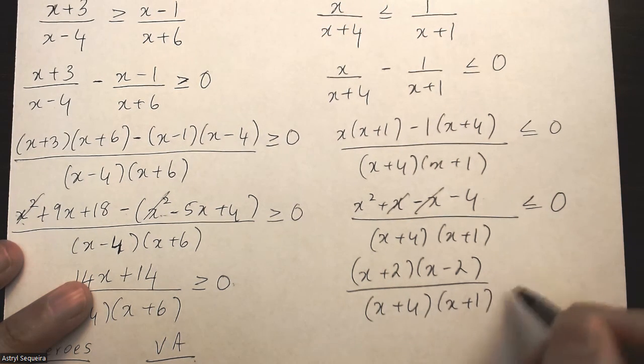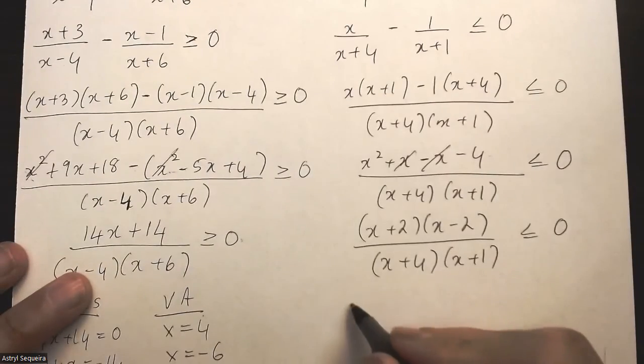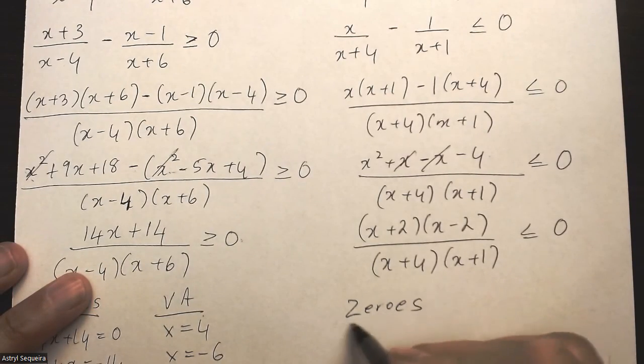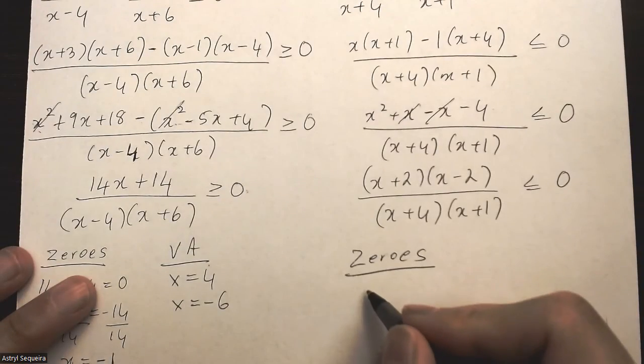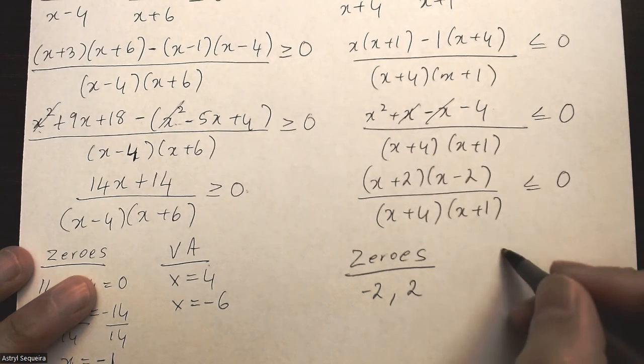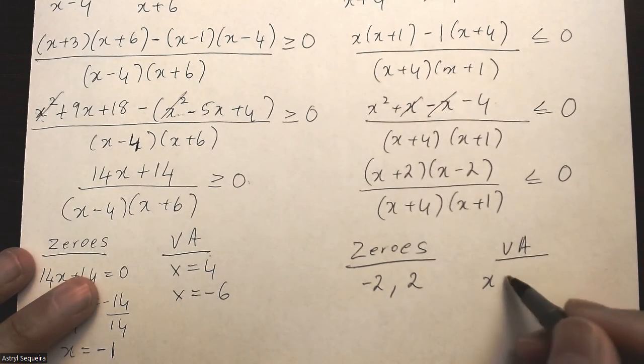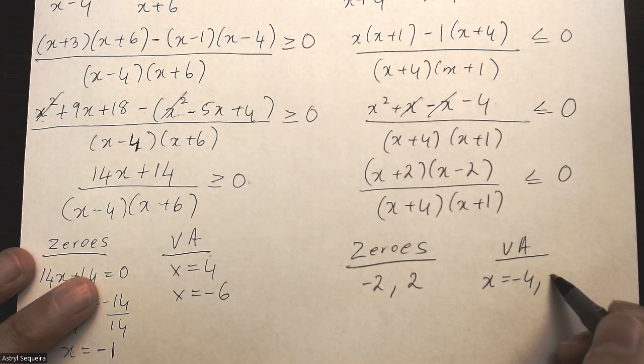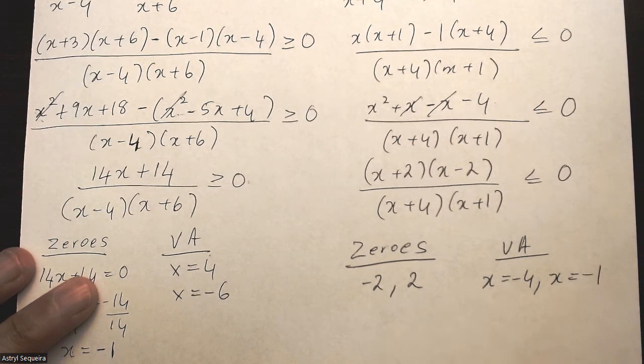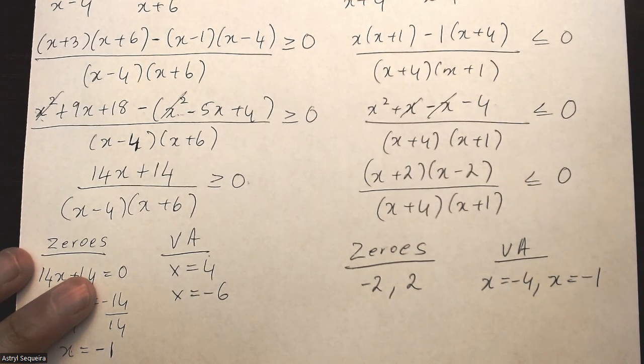Now this is fully factored. We can state our zeros, which are the solutions to the top. My zeros are just -2 and +2, and we can also state our vertical asymptotes, which are the solutions to the bottom, which are -4 and -1.